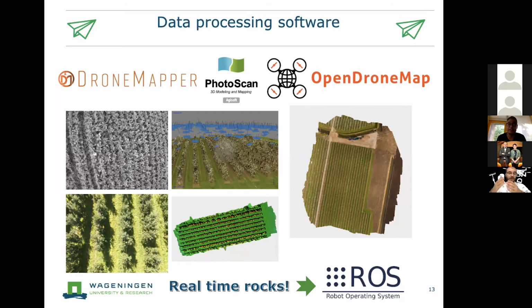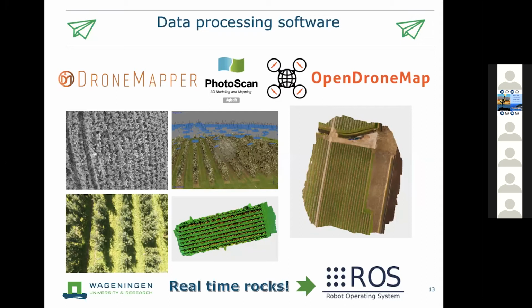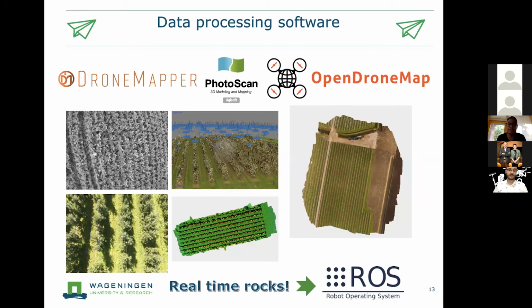So there are different types of UAV products that you can achieve from a single UAV image. At a professional level, one of the most used software is Metashape Photoscan. That is a Russian software. It's quite robust and is usually used in professional photogrammetry.